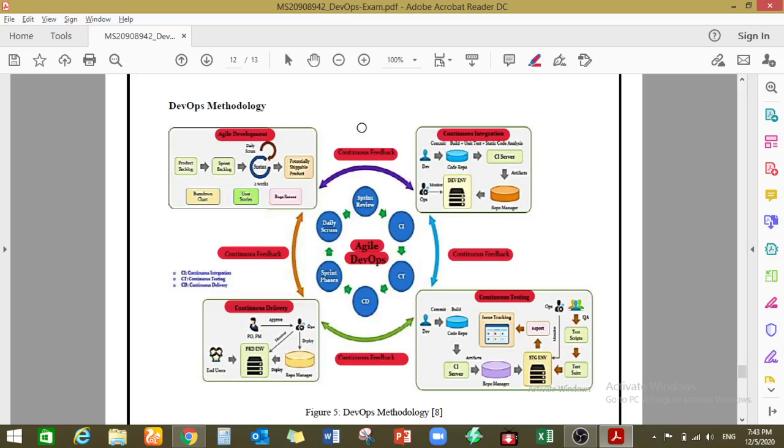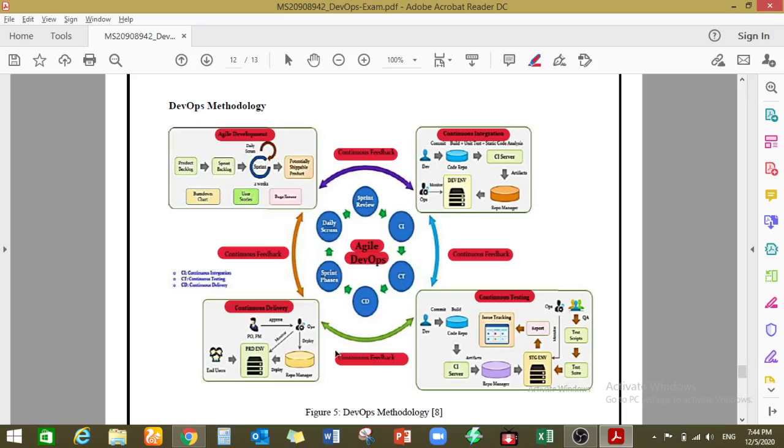Because it is agile development, we can develop the software very fast and we can follow the fail fast concept, which is very helpful to recover the system at an early stage and for faster delivery of the software. And DevOps has continuous delivery. Here, continuous testing and continuous integration are integrated with this proposed model.